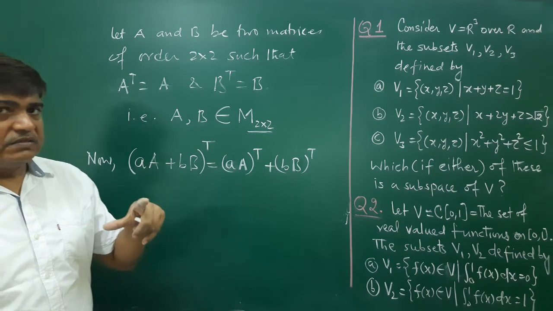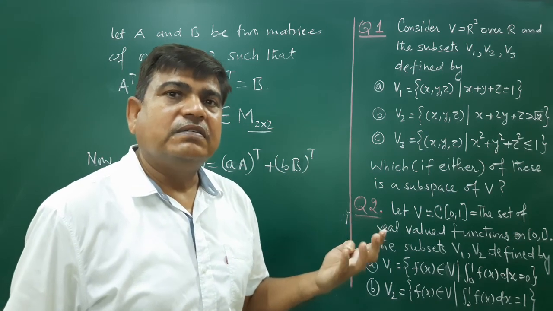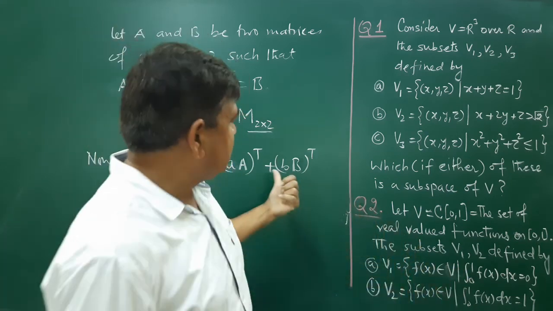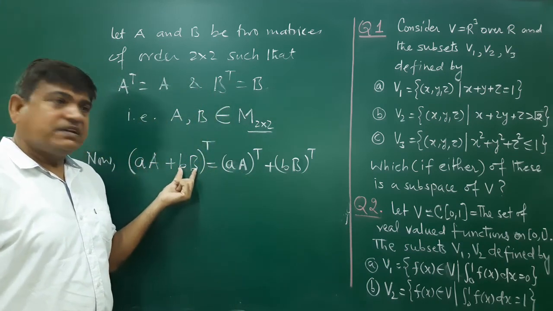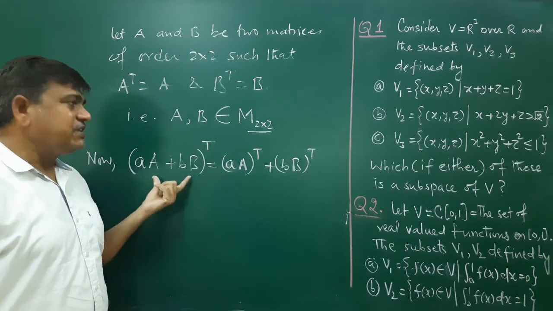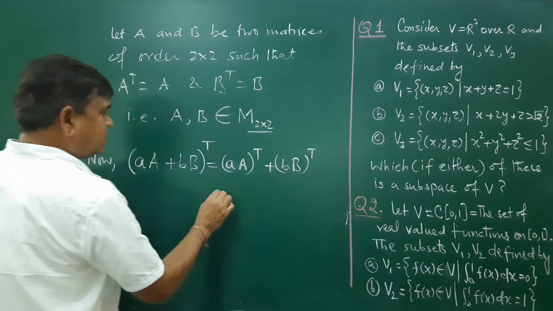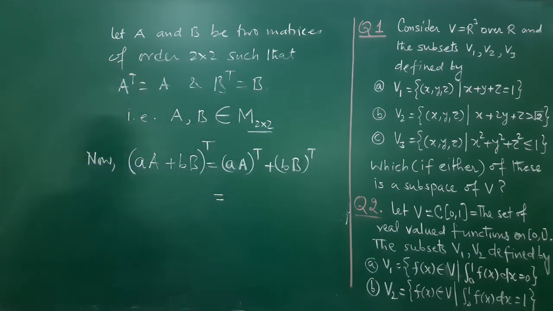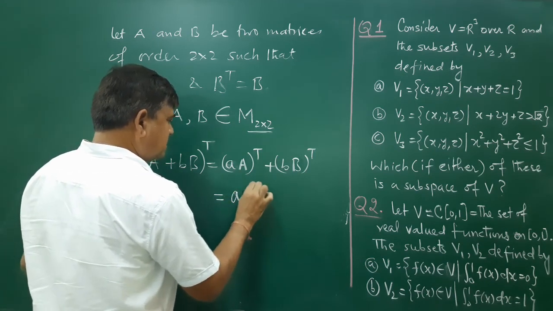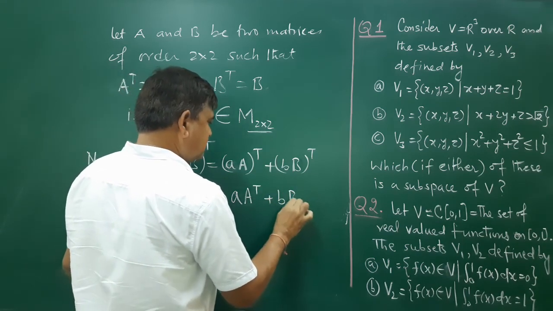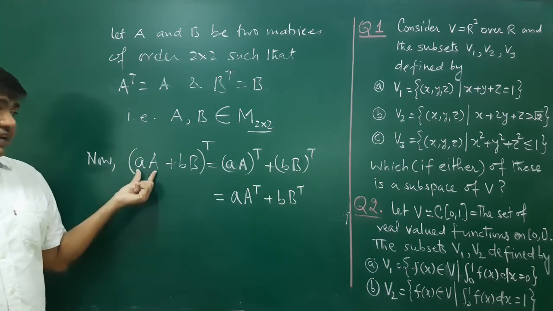If you remember from class 12 or first year theory of matrices, the transpose of the sum of two matrices is the sum of the transposes individually.